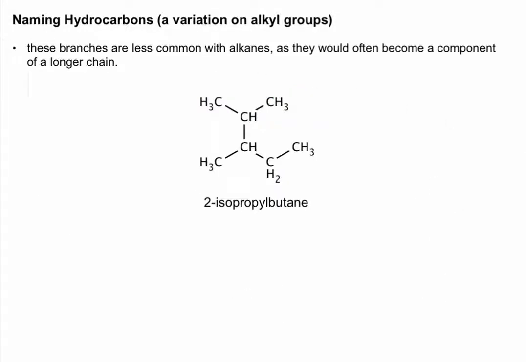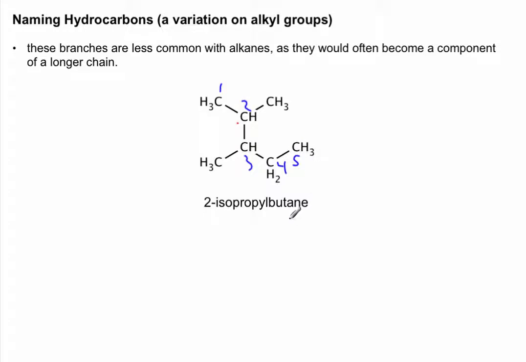Now, it's not always the case that you can see or have these longer branches. If we look at this particular example, it's given the name 2-isopropyl butane, and that works because here's my butane, 1, 2, 3, 4. There's my butane, and there's an isopropyl group, as we just saw. But if I was to renumber it starting here, 1, 2, 3, 4, 5, I get a 5-carbon chain.